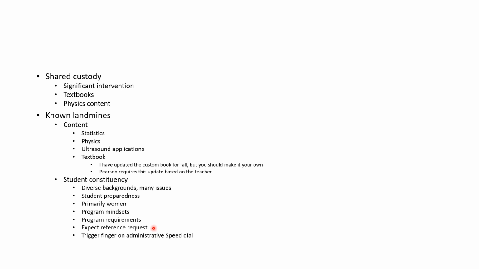You should expect numerous reference requests from the students, and you should have answers prepared for that. And many of these students have a trigger finger on administrative speed dial. One student, in fact, was asking me what her final grade was, and she needed to know it because she needed to know if she had to appeal this to the dean. That's actually kind of a prevalent mindset with some of these students.